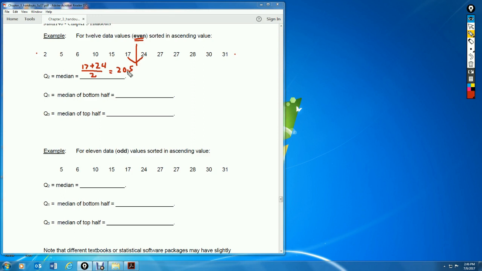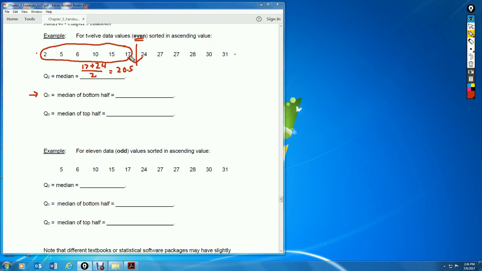And then if you go back and read again the definition on how to find, say, Q1, it's the median of the bottom half of the data. So in this case, Q2 is not even involved. We just want to find the median of the bottom half, which is this: 1, 2, 3, 4, 5, 6.